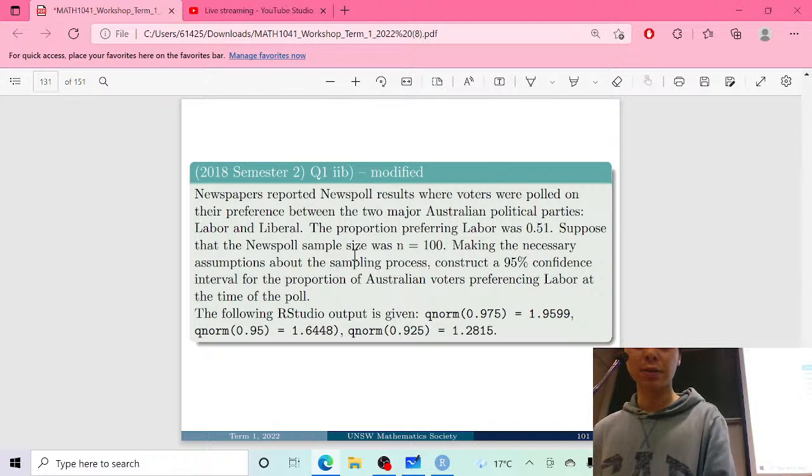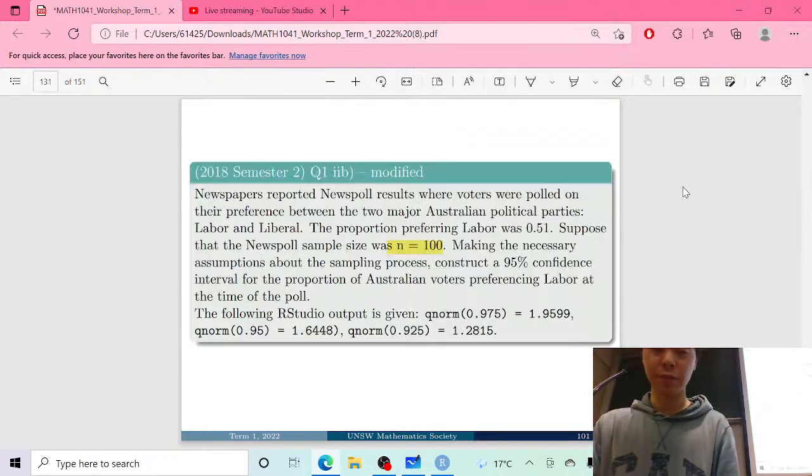Suppose that the news poll sample size was n equals 100. So we have a sample of 100 people. Making the necessary assumptions about the sampling process, construct a 95% confidence interval for the proportion of Australian voters preferencing Labor at the time of the poll. And we're also given this RStudio output as well, so we don't have to use R ourselves. Okay.